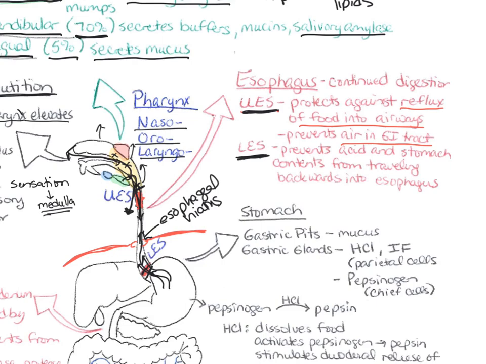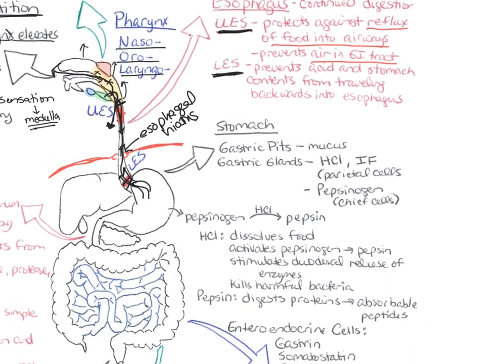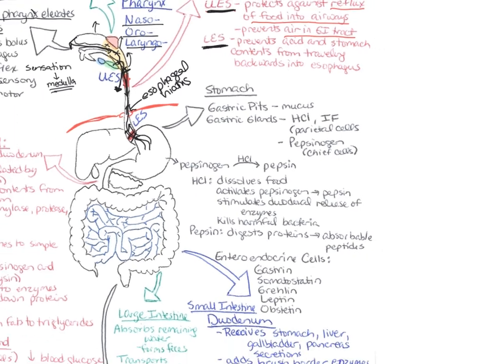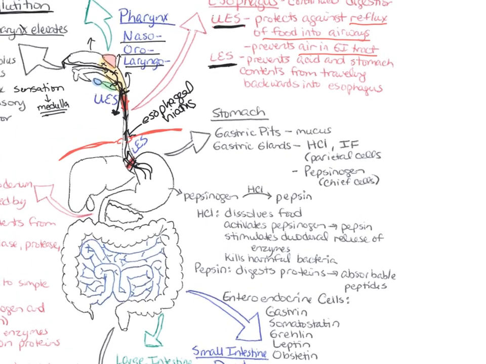Now we're going to move into the stomach, and we're going to look at a different picture, but I'll just go over some of the things that we see right here. So from the esophagus, food moves into the stomach. We're going to look at the gastric pits. Gastric pits are lined with cells that produce mucus. We're going to look at the gastric glands. Gastric glands have parietal cells that release hydrochloric acid and intrinsic factor. We're going to look at the chief cells that release pepsinogen.